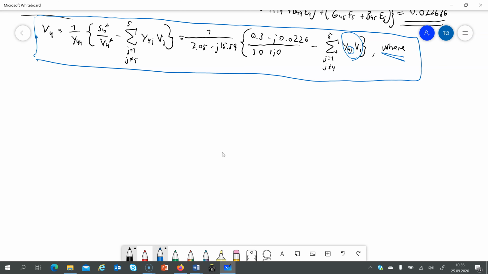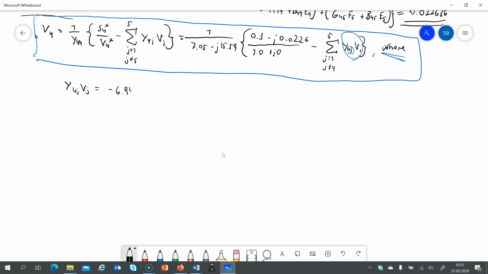So if we do it, then you calculate this Y for j, Vj equal to -6.